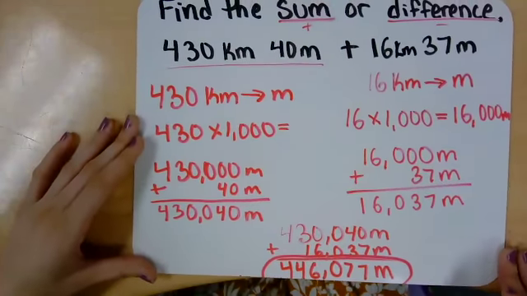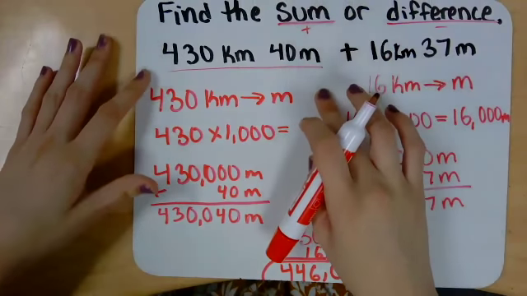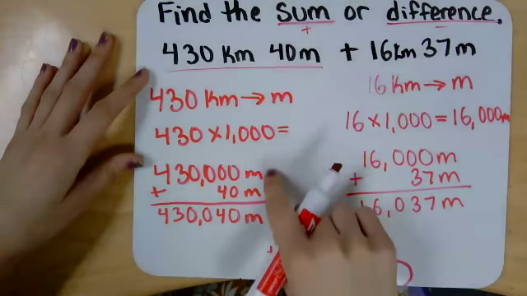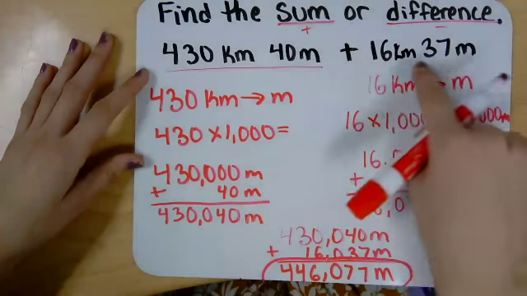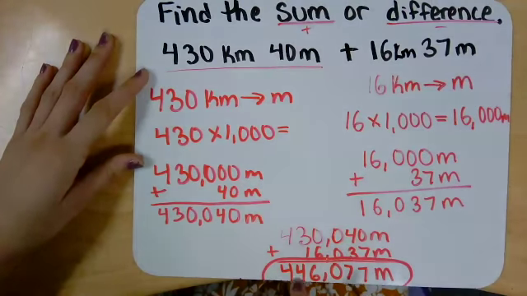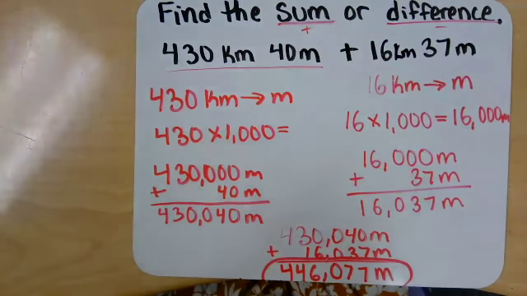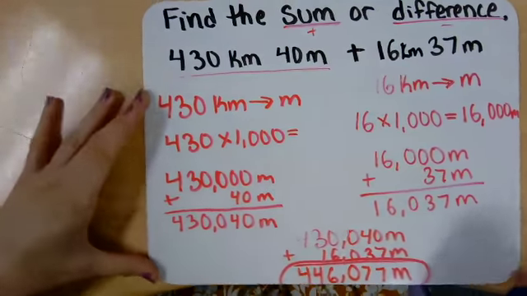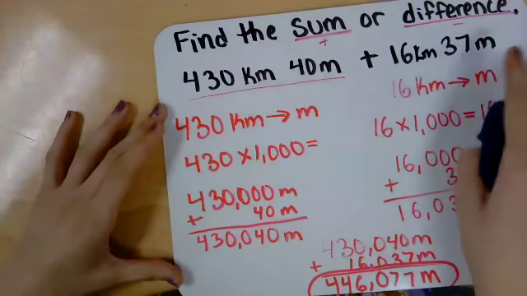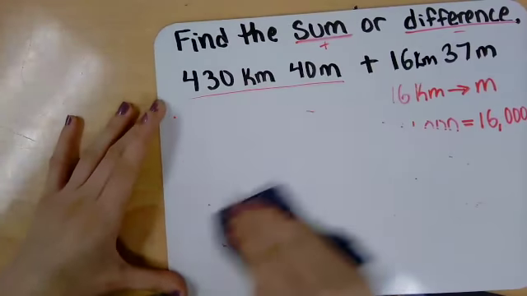Okay, so there's a lot of steps to this problem. First, we have to change everything to the same unit. We changed it all to meters on both sides. And then we added everything together. All right, so let's try doing grams now. So we worked with meters. Let's work with grams.